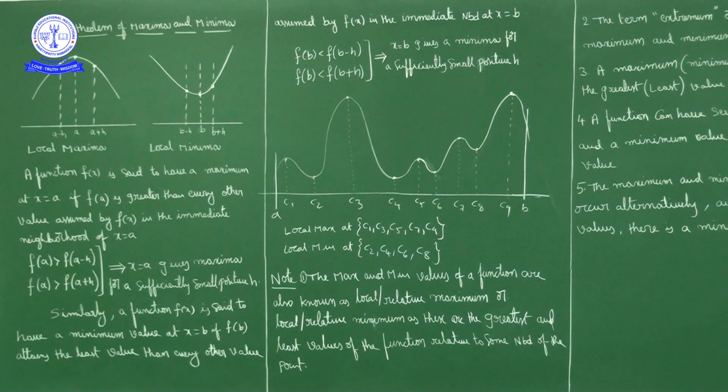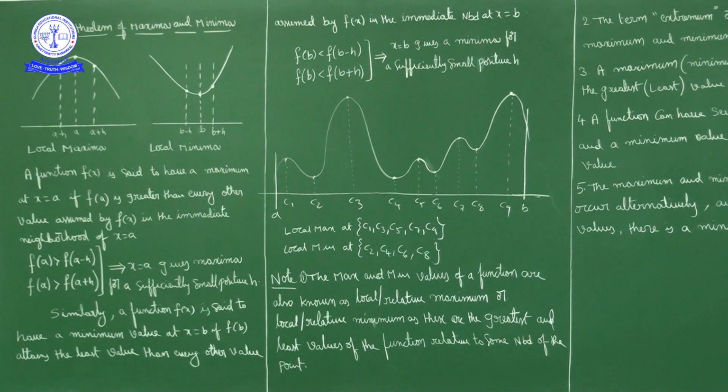Now here if you observe, at c1 we have maximum, c2 minimum, c3 maximum, c4 minimum, c5 maximum, c6 minimum, c7 maximum, c8 minimum, c9 maximum, like this we have.